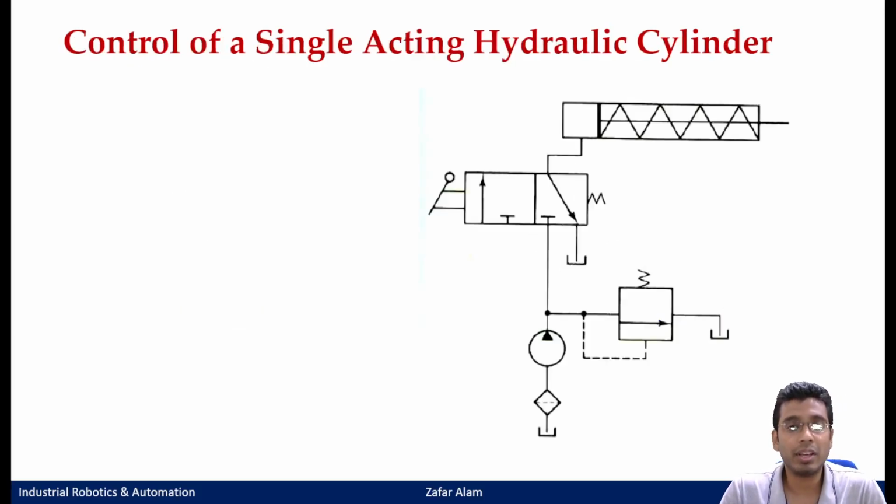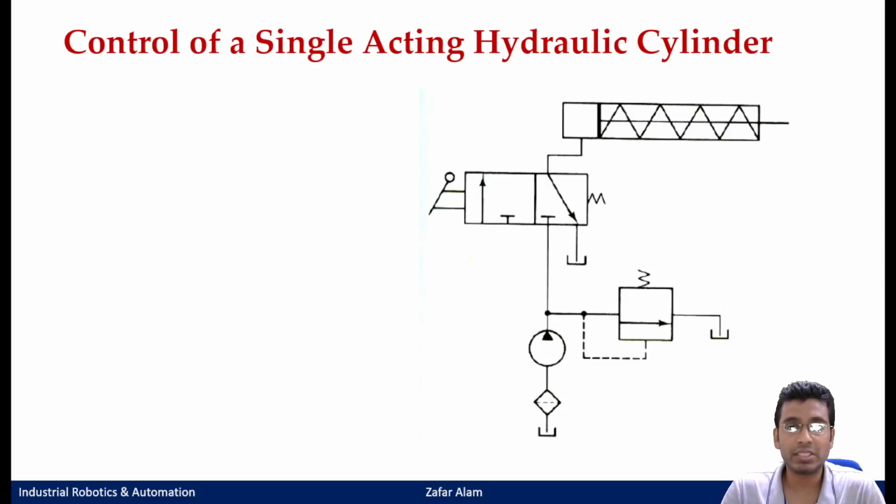So with this we will be first seeing how to control a single acting hydraulic cylinder. In today's class we'll be dealing with all the circuits related to your hydraulic portion, right? For the hydraulic portion, you must be thinking, since just a few minutes ago I told you the symbolic representation of your cylinders would remain same for hydraulic and pneumatic, then why am I saying that this is a specific circuit diagram for hydraulic cylinders?